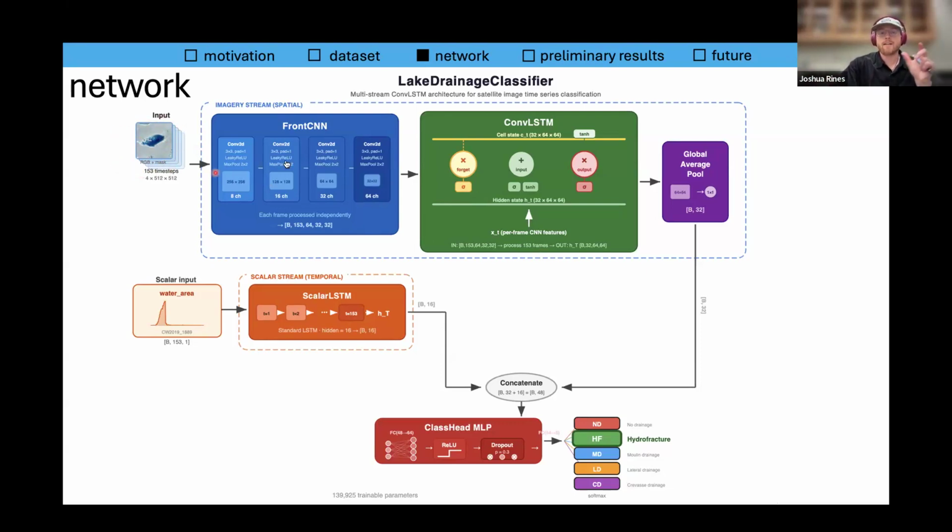And what happens is we throw that into a spatial context compressor in this front end CNN, which breaks it down from 512 by 512 by 153 by 4. So this massive tensor, right? It breaks it down into a slightly more compressed version of those features, where we still have 153 time steps, but all of those spatial features are compressed into 64 channels and 32 by 32 two dimensions.